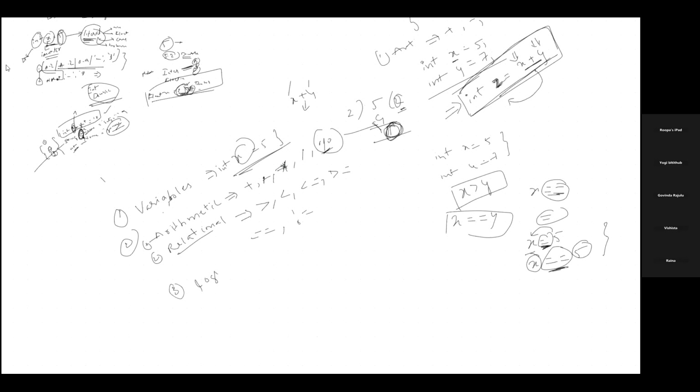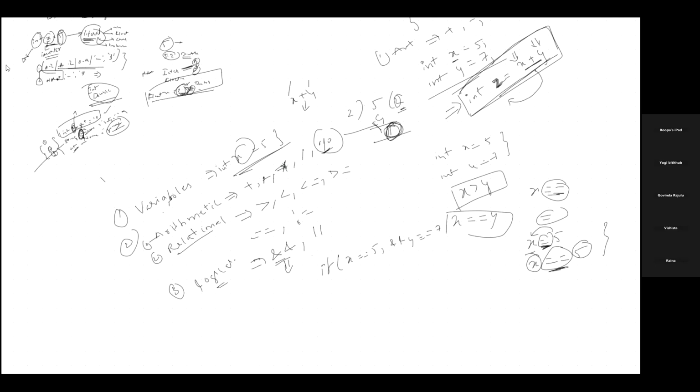Logical operators are used in conditional statements. For example, logical operators are like double ampersand or two pipe symbols. So it evaluates the and, it's like and. For example, if x is equals to 5 and y is equals to 7, it evaluates two conditions.